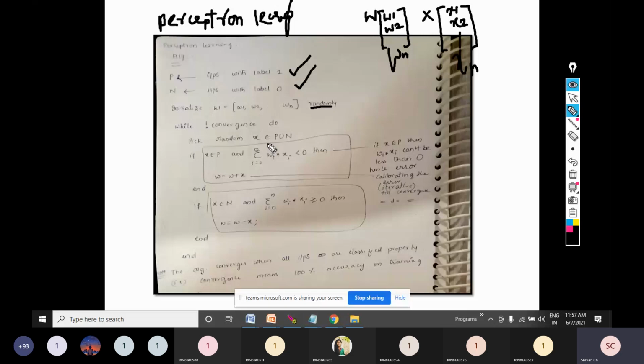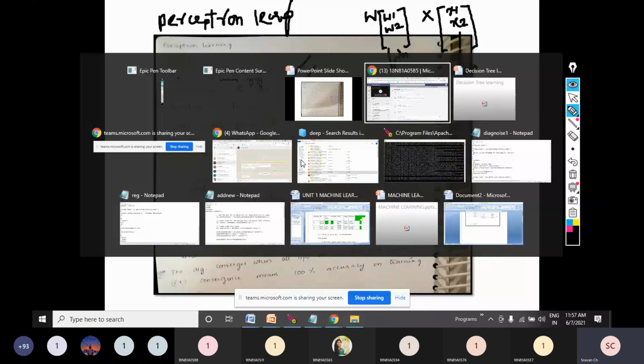If X belongs to P and this value comes out less than 0, what do you mean by this? When will Wi into Xi be less than 0? Please tell me, please respond, when it will be less than 0.